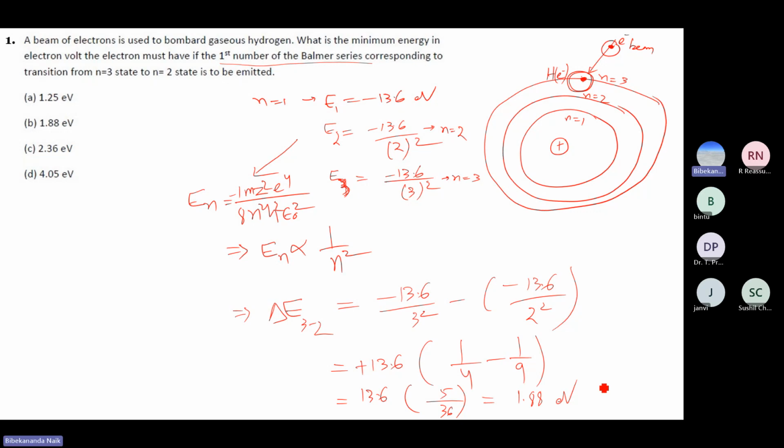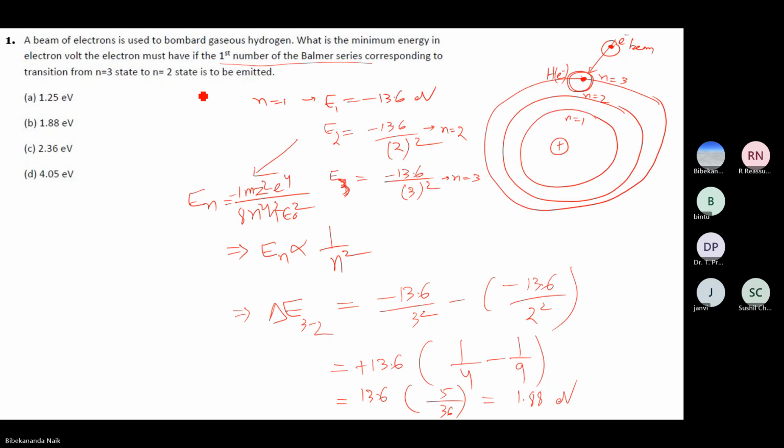So this is the amount of energy the electron beam should have, so that when the electron beam is colliding with the hydrogen atom, the electron in the hydrogen atom which is in the n equal to 3 state will gain the energy 1.88 electron volt and it will come back to n equal to 2 level.